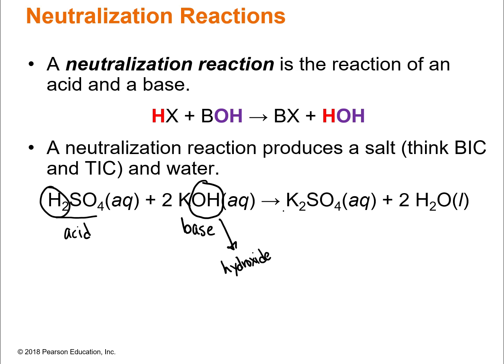And for your products, the potassium sulfate, that is a salt, which is just another word for an ionic compound. And you always form water. So that's a neutralization reaction. That's the final reaction type.